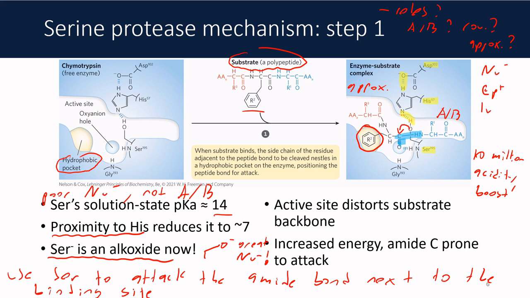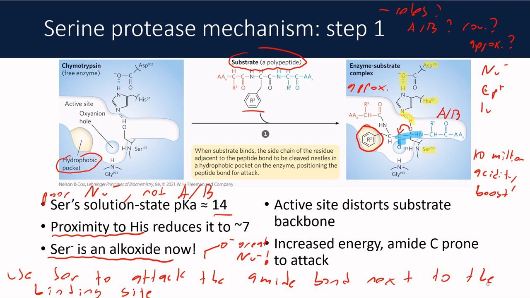So I hope you can see the beauty of biochemistry all working together here. We have acid and base chemistry, pKa, enzyme theory, all working together to make this really difficult reaction possible. And the good news is, this is the hardest part of this serine protease mechanism.